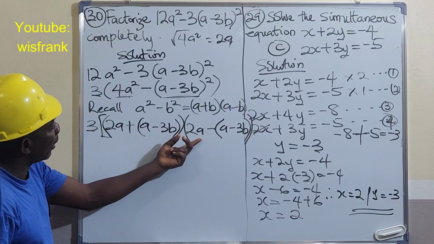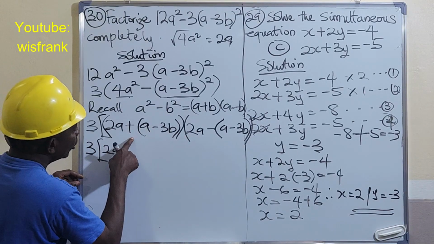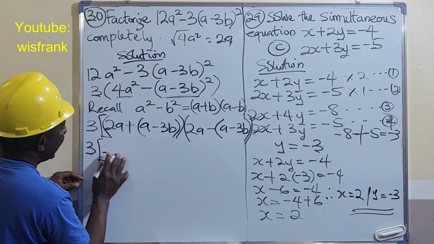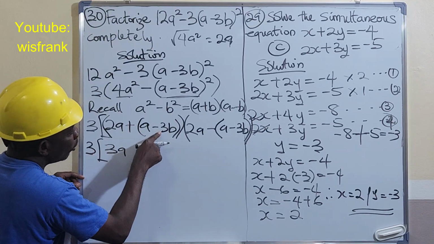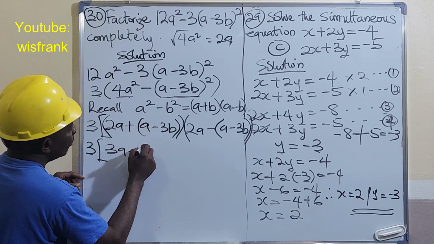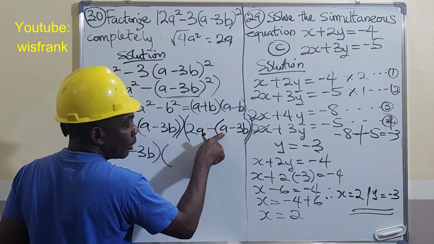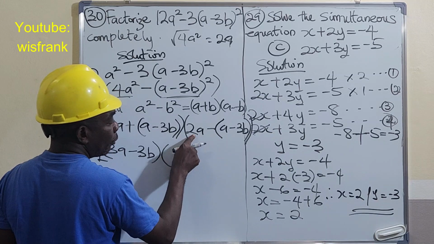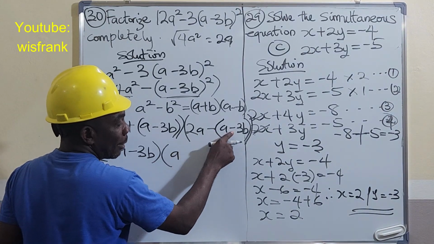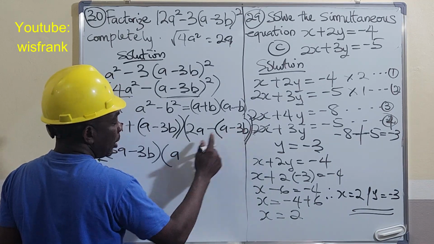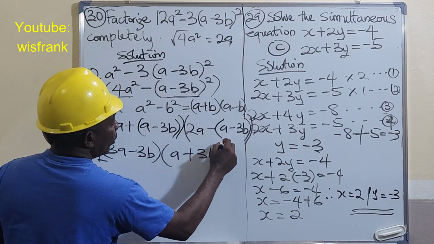When we evaluate this, 2a plus a will become 3a, and plus into minus will still become minus, so this is minus 3b. Then 2a minus a is a. Then minus times minus becomes plus, so this will become plus 3b, not 2b, plus 3b. So this is what we have.